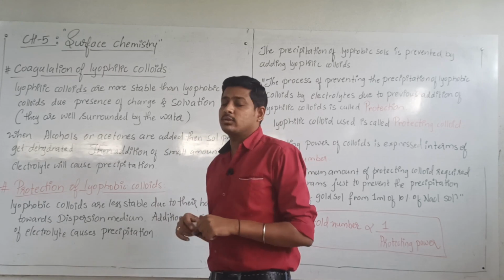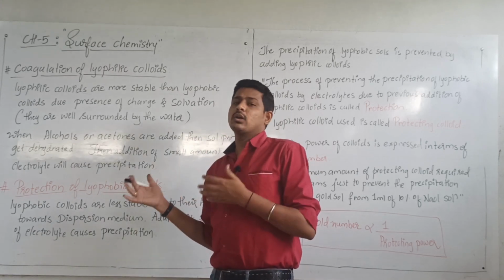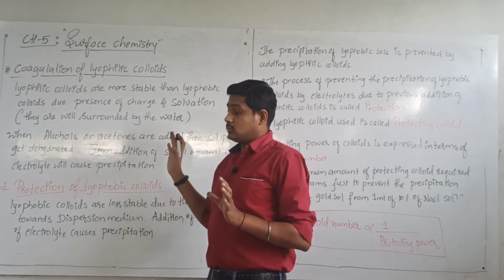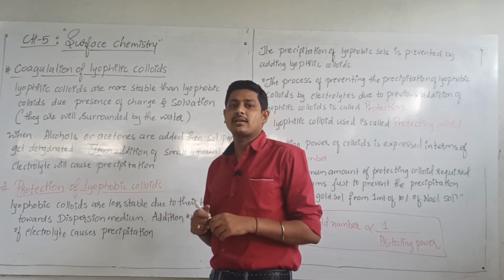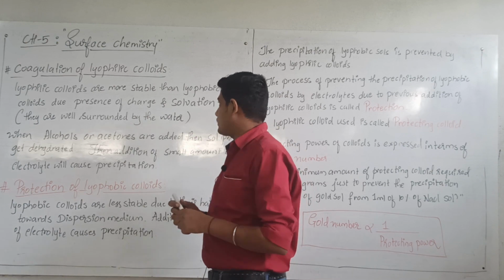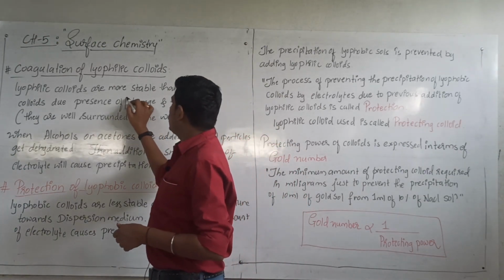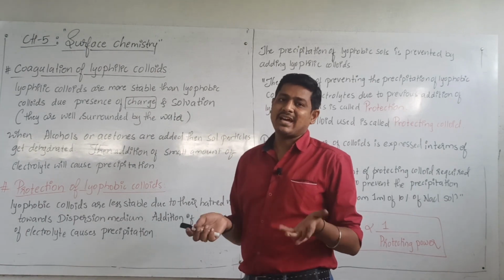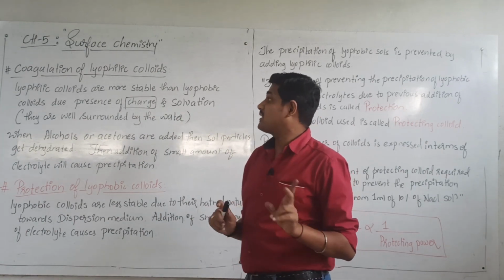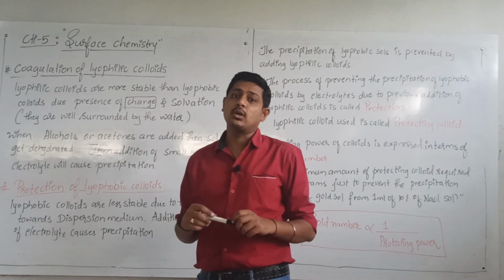See, one thing we have to understand is that all the colloids are stable, and one common reason why lyophilic and lyophobic colloids are stable is that they are carrying charge. Be it any colloid, lyophilic or lyophobic, they are carrying charge, that's why they are stable. But even then lyophilic colloids are more stable. Why?